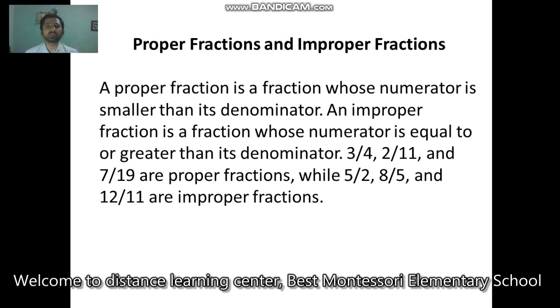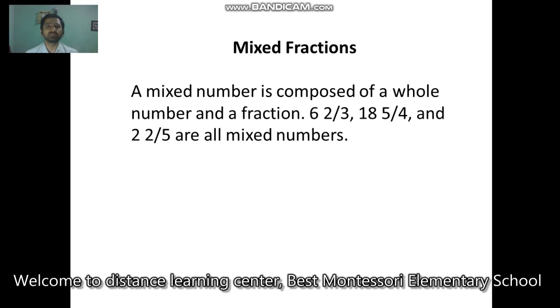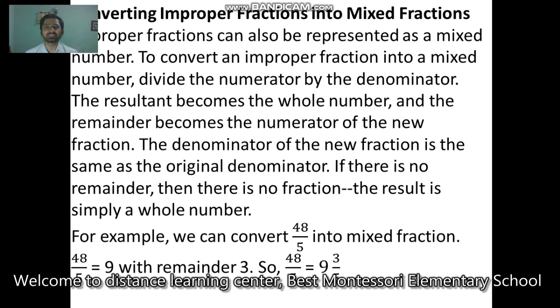Now moving on to proper and improper, these types of fractions are on the basis of comparison between numerator and denominator. If the numerator is smaller than the denominator, it is a proper fraction. If the numerator is greater than the denominator, then it's an improper fraction. Improper fractions can be converted into mixed fractions, and mixed fractions also can be converted into improper fractions.